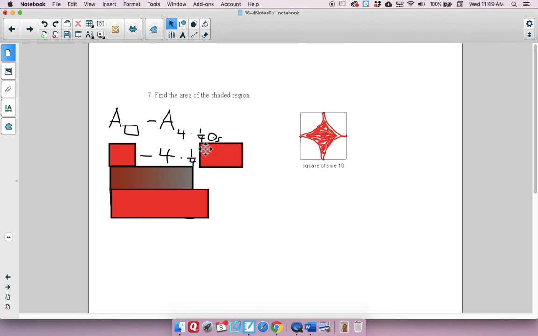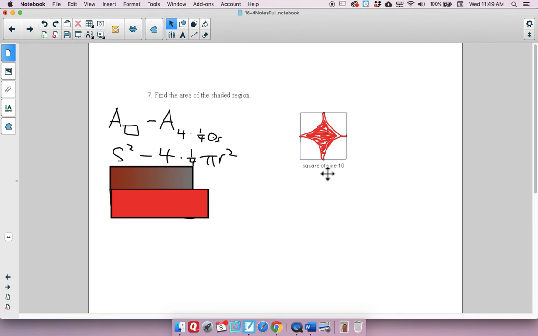So 4 quarter circles, doesn't that make just a full circle? It would be s squared, and then 4 times the area of a quarter circle, which is 1/4 times pi r squared.